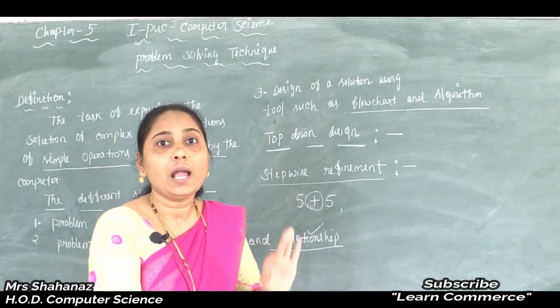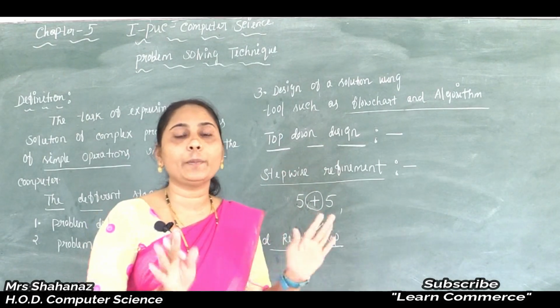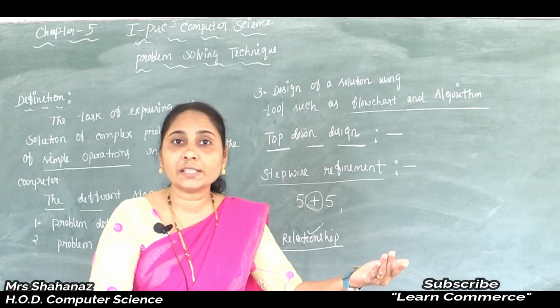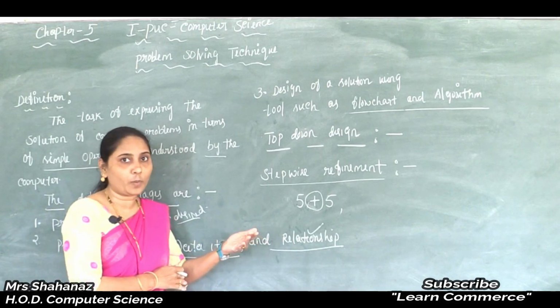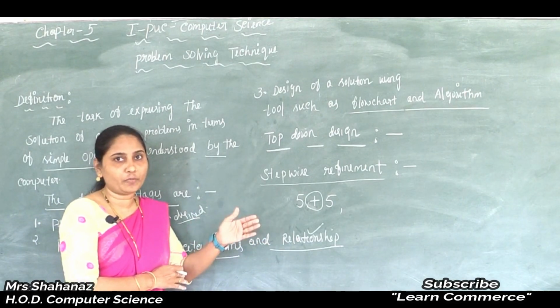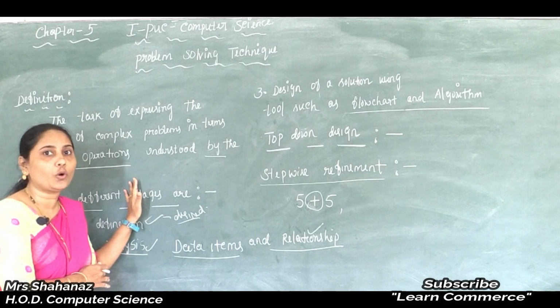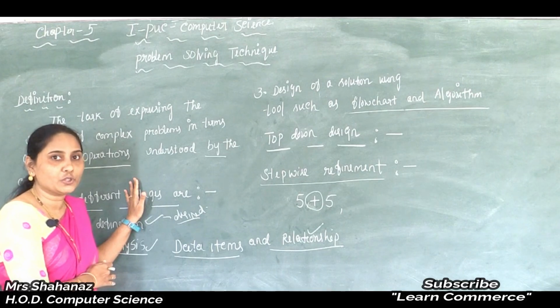Clear this point here? And also the memory limitation. Maybe our computer memory is full and you are going to solve the problem. Is it correct here? No. Why? Because whatever problem we are going to solve using the computer, first of all we should know whether the memory space is there or not in our computer.